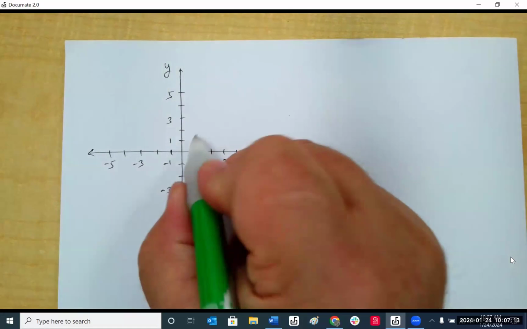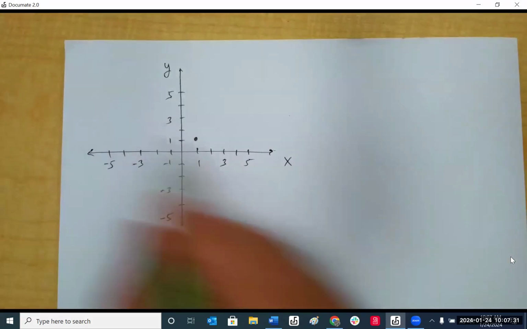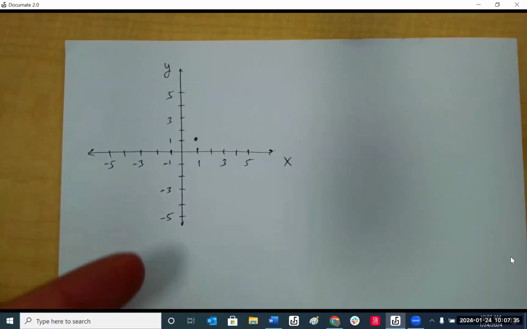If I just gave you 1 point, can you give me an equation of a line? Or can you draw a line through it? Yes. You can draw an infinite number of lines. It could be any way, as long as it goes through that. That doesn't help us any.